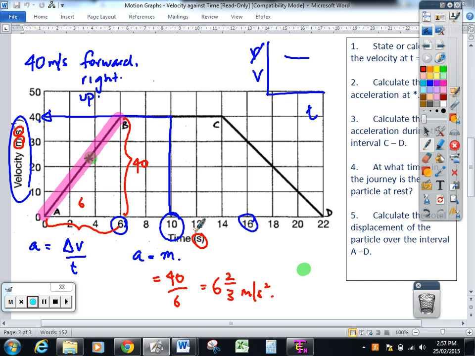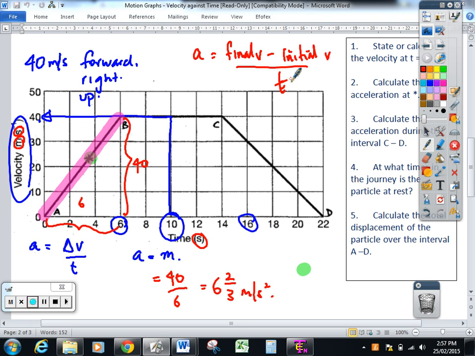Let's now use the formula. Now the formula says that we have to calculate the final minus initial velocities. So acceleration would equal final velocity minus initial velocity all over time. Wouldn't it be nice if we had a symbol for final and initial velocity? It would have been lovely.